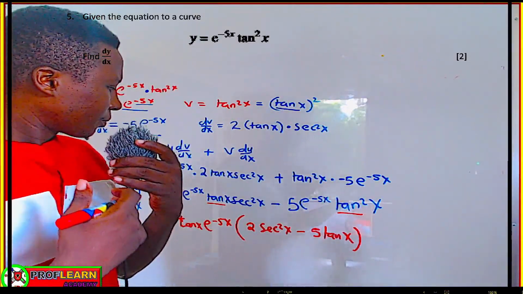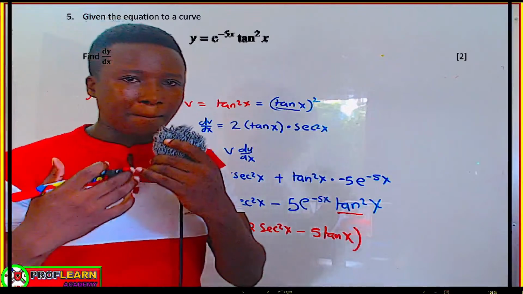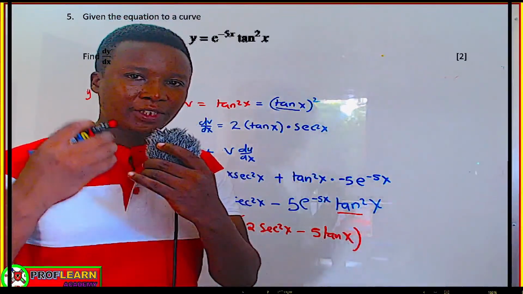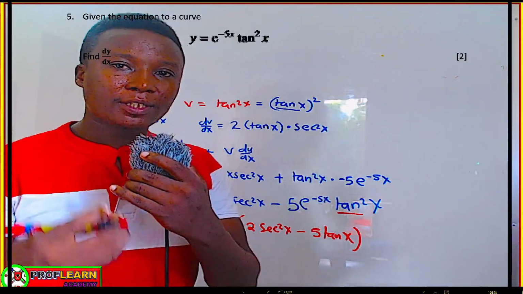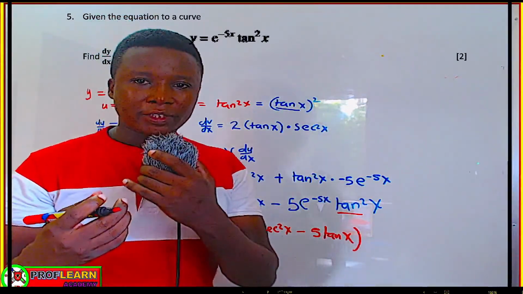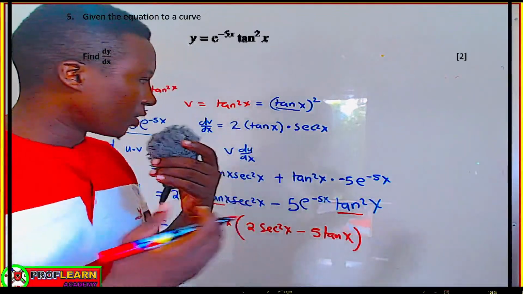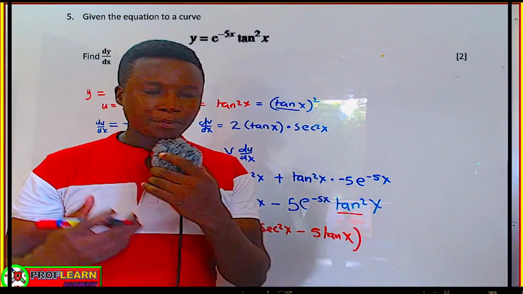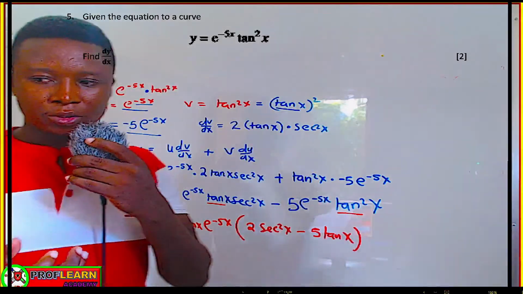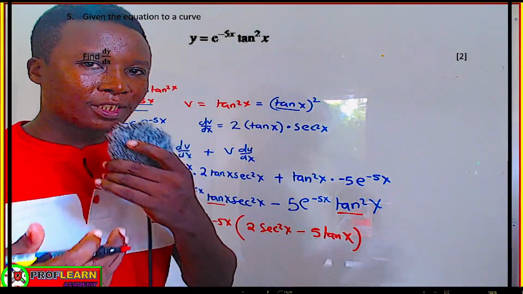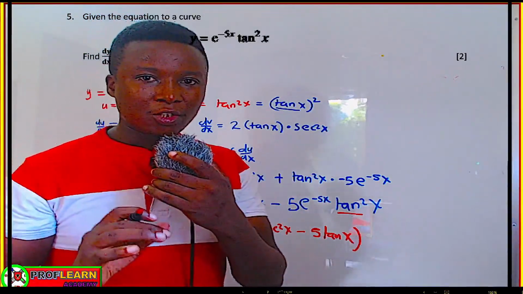So some of those basic knowledge of differentiation is required, especially differentiating exponents, polynomials, and trigonometric functions, because you cannot proceed to solve an application question, like those where you are told to find the minimum point or the stationary point, if you really don't know that.